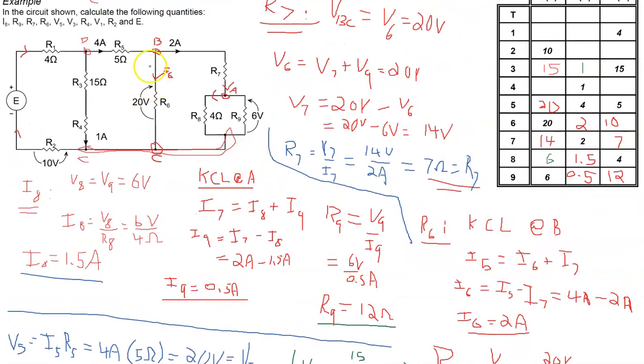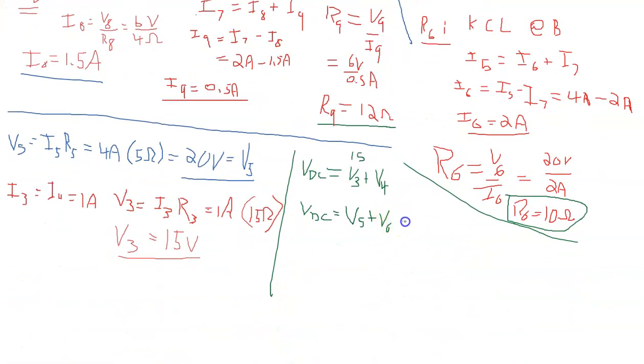Okay, so on our diagram, V5, V6 gets us from D to C. We got V6 at 20 volts was given. V5 we also calculated at 20 volts. So this is equal to 20 volts plus 20 volts, and that's 40 volts.